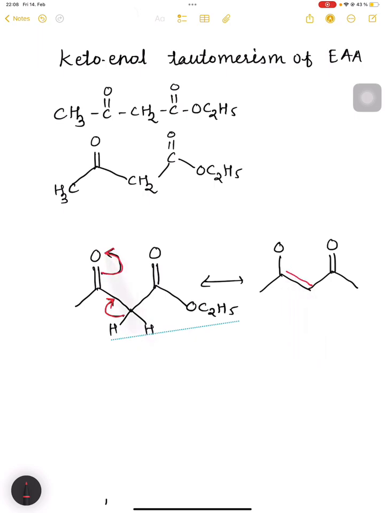This bond goes here, so here is a negative charge, and this hydrogen will be abstracted by this oxygen, so here will be H. So this is the keto form and this is the enol form. This enol form is more stabilized by hydrogen bonding. So this is all about keto-enol tautomerism.